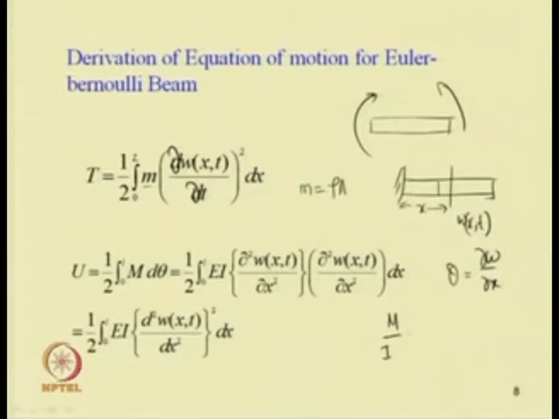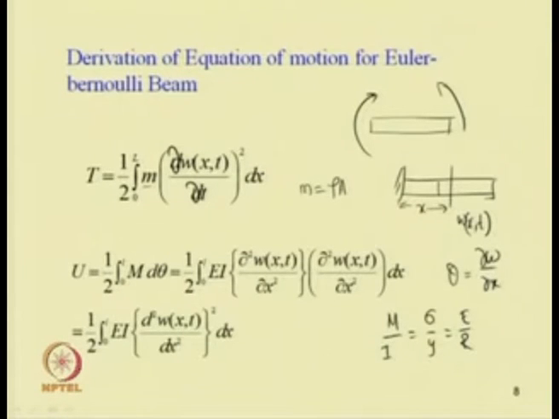From the pure bending equation, M by I equals sigma by y equals E by r. So, here M will be equal to E I by r. The curvature 1 by r can be written as del square w by del x square. So, one can write M equal to E I del square w by del x square, and this d theta will be equal to del square w by del x square again.